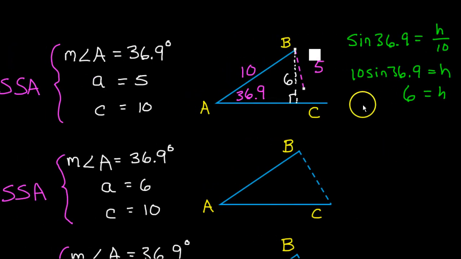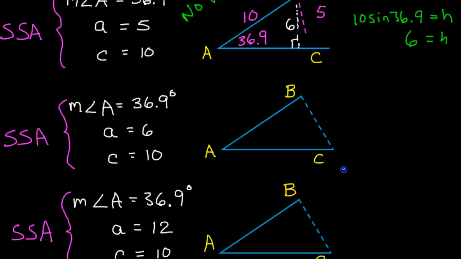No triangles can be formed. Let's see, I think I'll just write it right here in green. No triangles. Okay, so there's no solution.